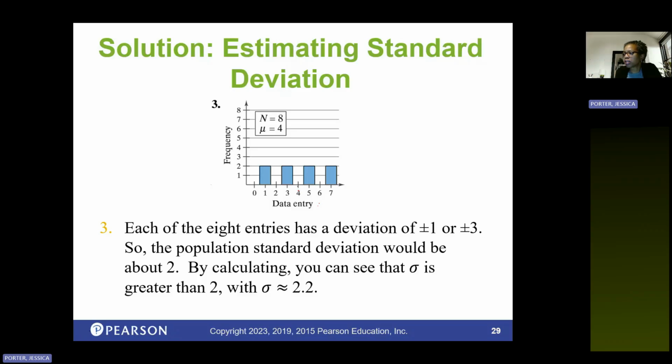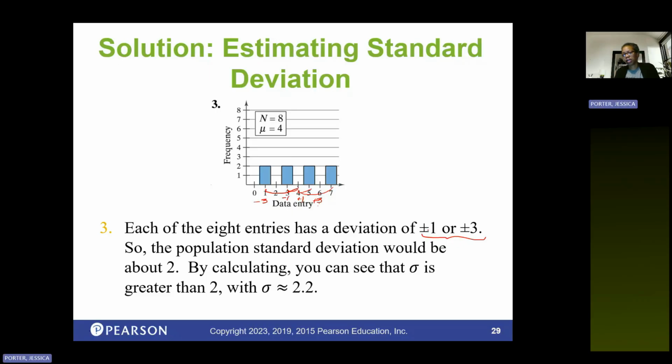So here you're 1 away, and from 4 to 7 you're 3 away. If you go the other way, 4 to 3 is 1 standard deviation to the left, and from 4 to 1 you're 3 to the left. And so the population standard deviation would be about 2, because that's in between the 1 and the 3.